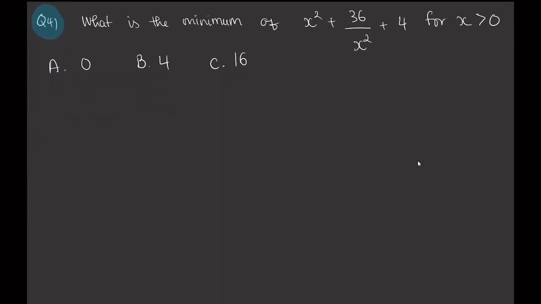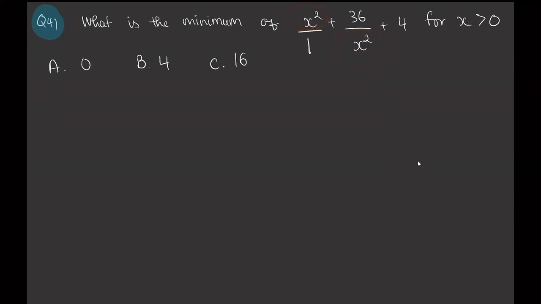Okay. So for this one, it's supposed to be a poll, but I know we're running out of time. I want to talk about when you see something like this, similar terms, but one is in the denominator and one is in the numerator. You can think of x squared as x squared over 1, like this. You think one is in the numerator, one is in the denominator.